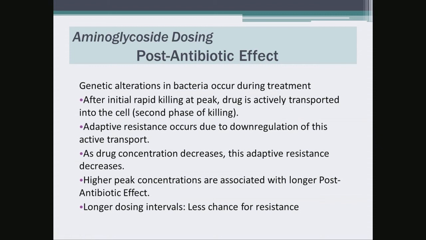But there's an adaptive resistance that occurs in bacteria due to downregulation of this active transport into the cell. And so as the drug concentration decreases, this adaptive resistance decreases. Higher peak concentrations are associated with longer post-antibiotic effects, and the longer dosing intervals that we now use for aminoglycosides lead to less chance for bacterial resistance.